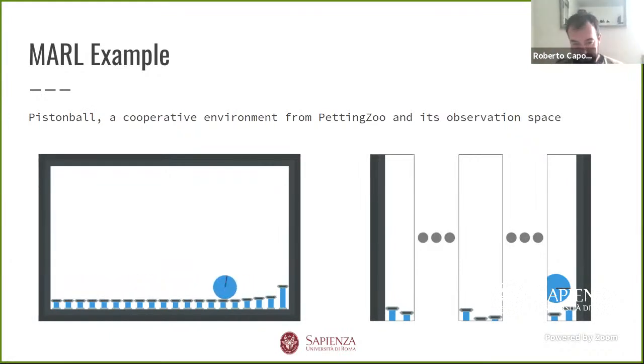Because if, for example, we're controlling this agent in here, and there is an agent outside the observation space of the agent itself that is up, then the ball will go back. So the action will not have the effect that we would be expecting. But let's see more in detail what these issues are.